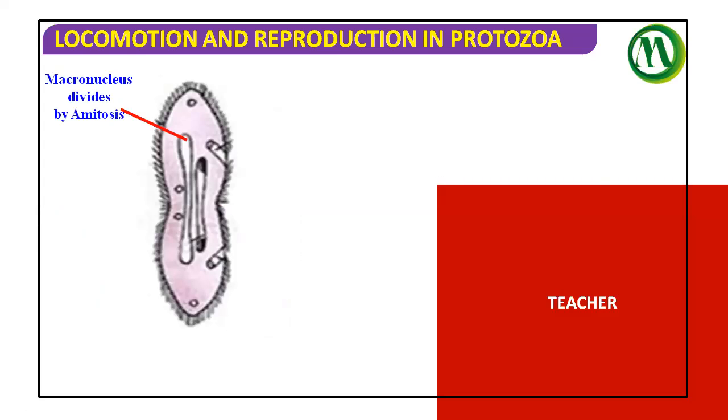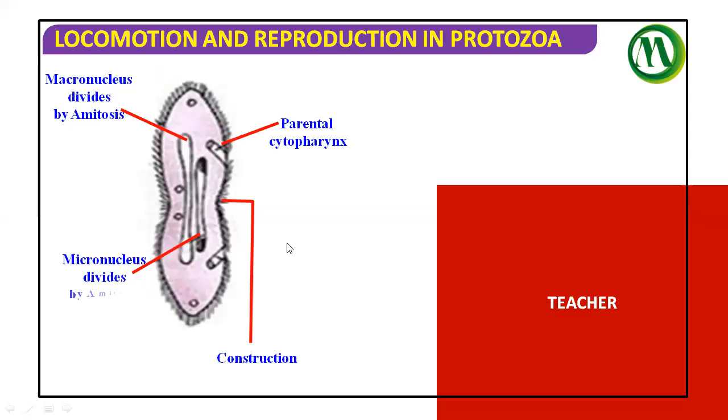See what's happening here. The macronucleus is dividing by amitosis and the micronucleus by mitosis. One of the daughters retains the parental cytopharynx. What is the other daughter doing? The other daughter is going to form a new cytopharynx. Here you can see the micronucleus dividing by mitosis, not amitosis.